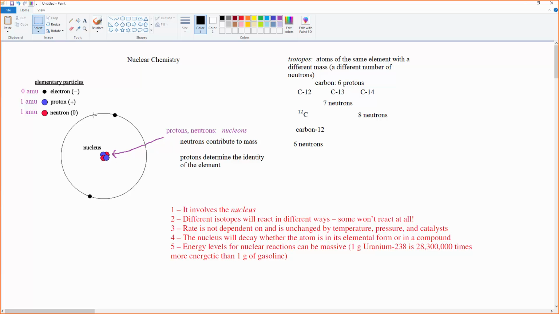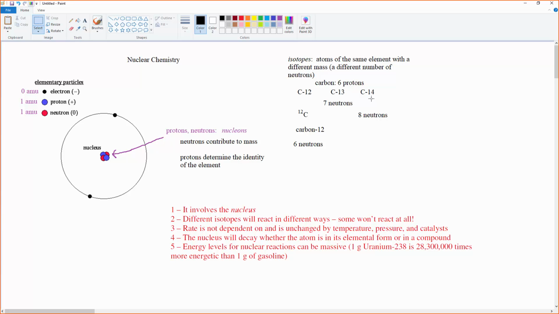Never done that before. Everything else we've done involved these electrons, whether they were being shared in covalent compounds or given away as in ionic compounds, right? We find that different isotopes react in different ways. Some won't react at all. So it's weird. Carbon-12 won't react as a nuclear chemistry thing, but carbon-14 does. All right, that's different, right?